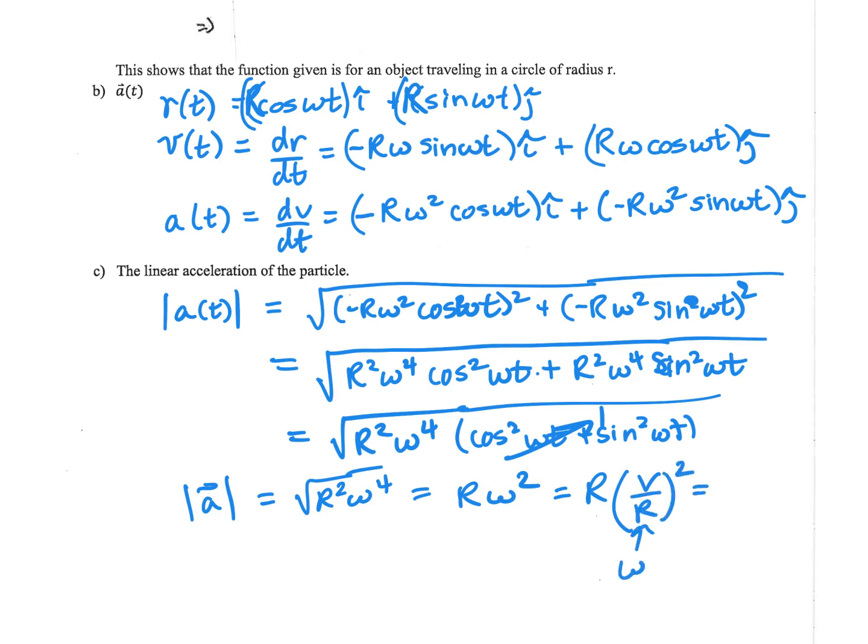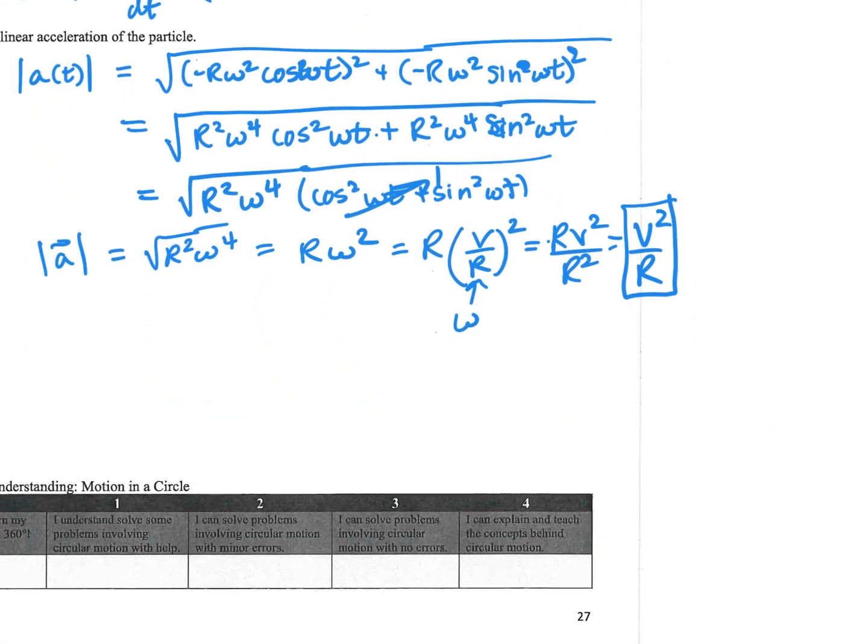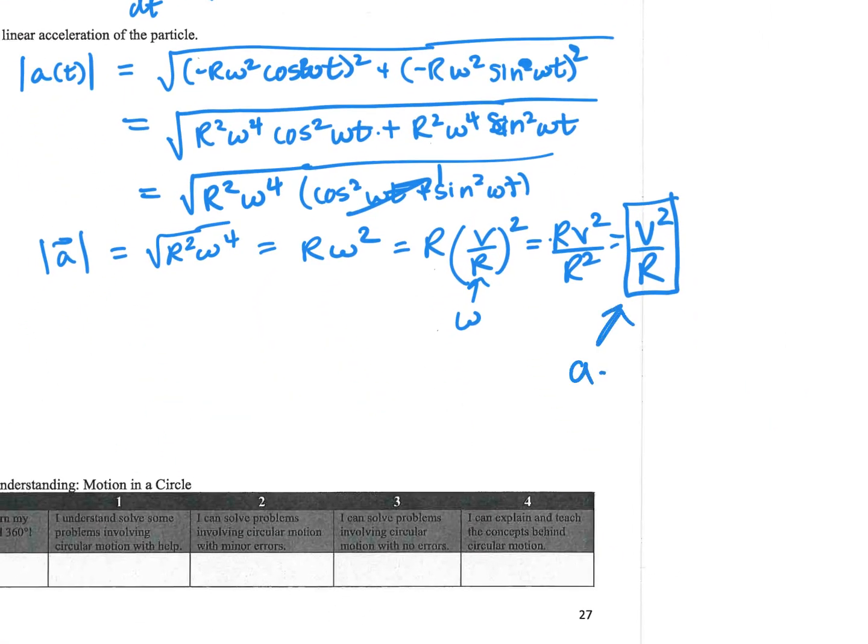So we get r v squared over r squared, which is v squared over r, which turns out is what? That's the centripetal acceleration, isn't it? So you've just derived centripetal acceleration from the motion of a circular object, okay?